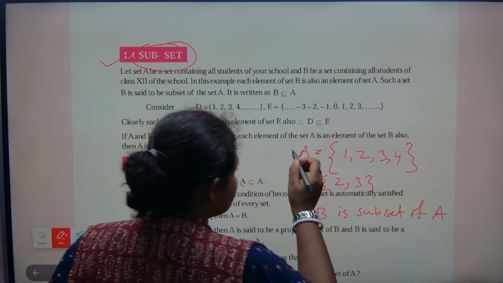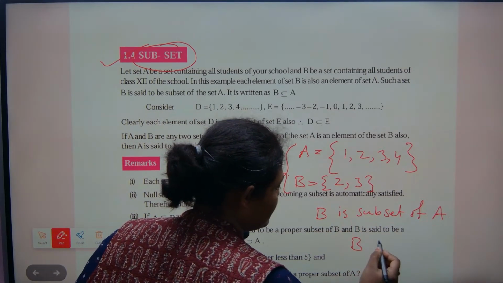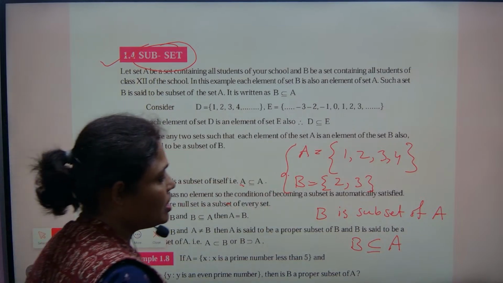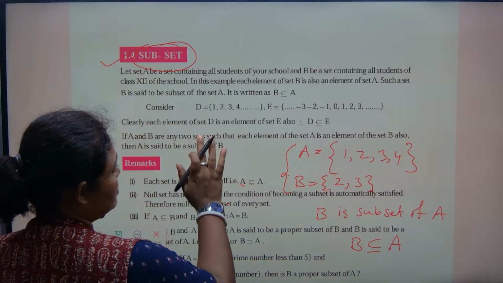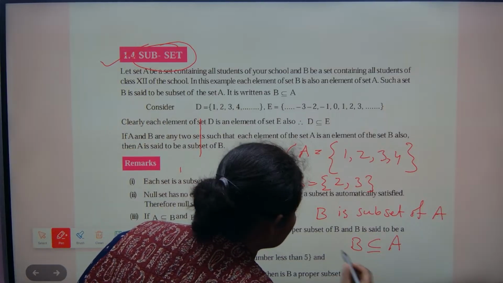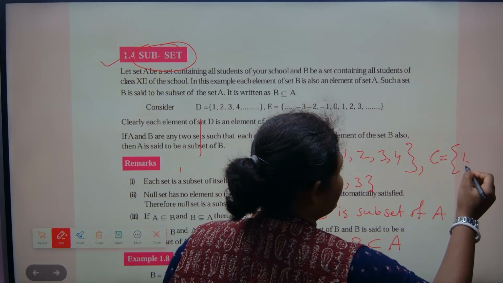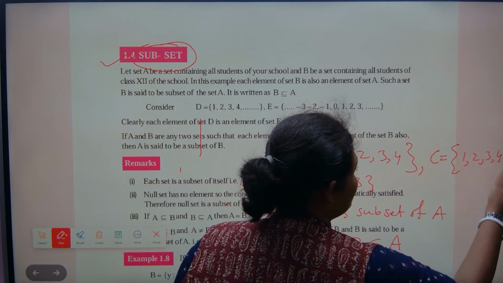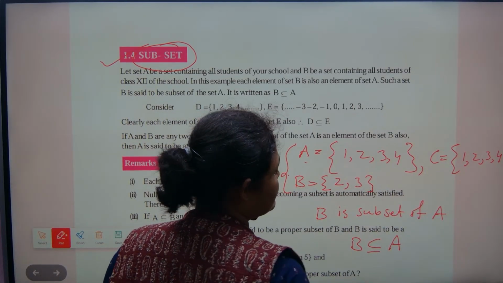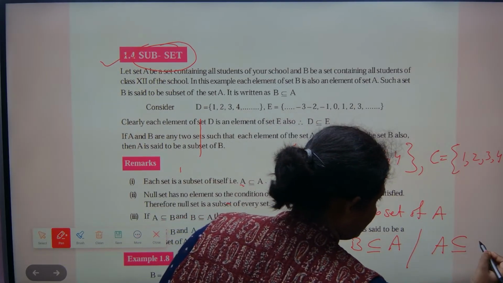Now it is an example of subset. B is a subset of A, and it can be written as B ⊂ A, right? There is another meaning of that. If you take A equals 1 2 3 4 and C equals again 1 2 3 4, and if you compare A and C, then how will you write it?